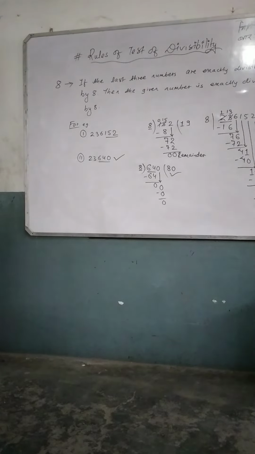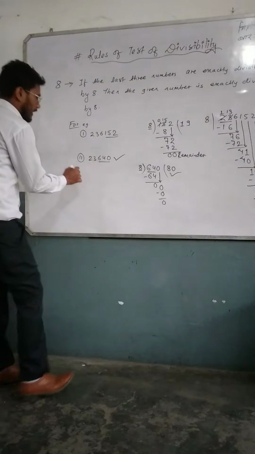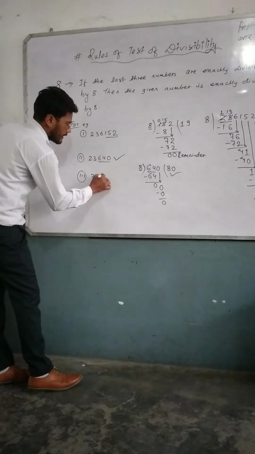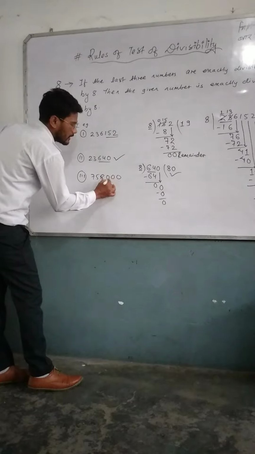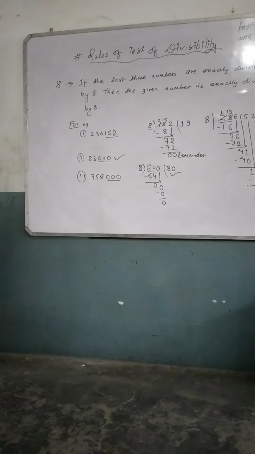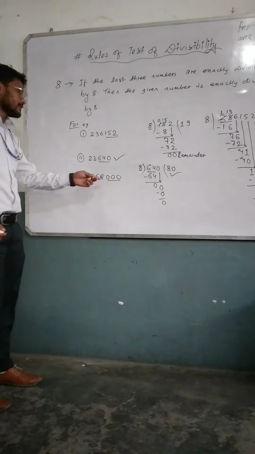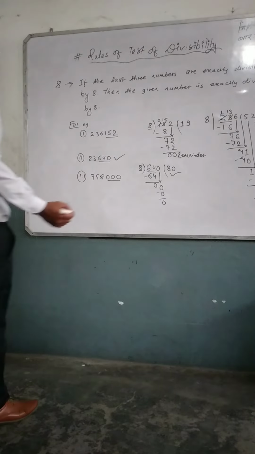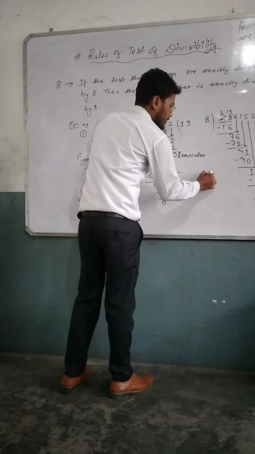Now in case of the last 3 numbers, suppose there is a number like 75800. Now the last 3 numbers are 800, isn't it? Now will 800 be exactly divisible by 8 or not? If you do not know, then no problem. Let us try here.